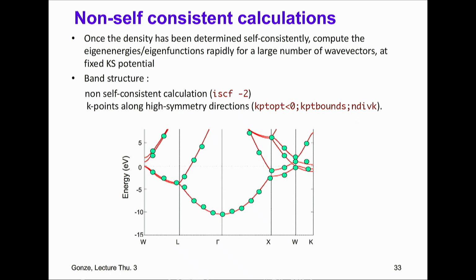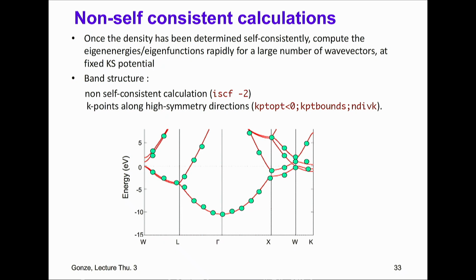This corresponds to this input variable with that value, -2. And the path is specified by a number for this option. The points there are specified by this quantity, and the number of divisions along each segment is specified by that quantity.